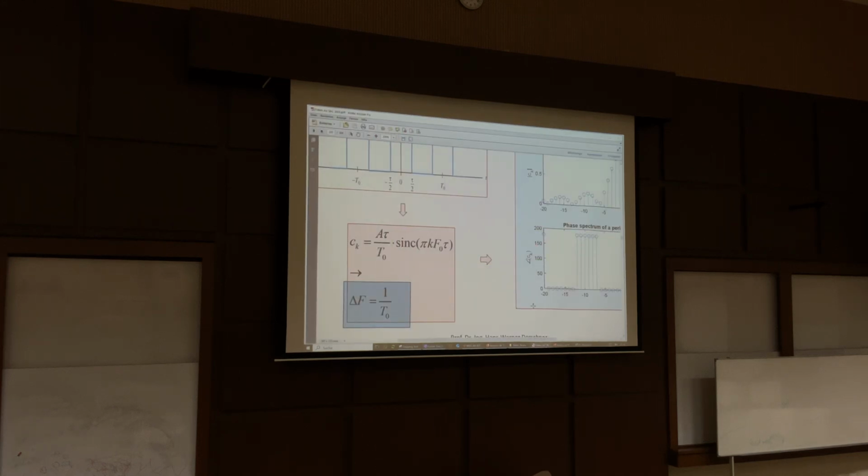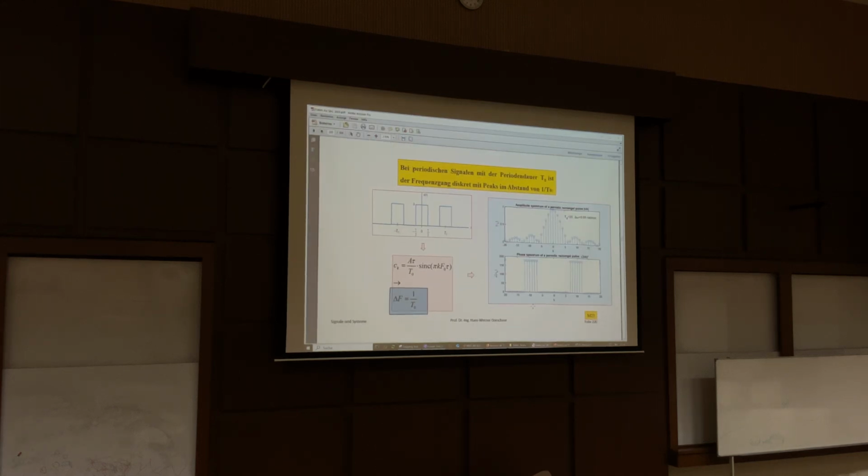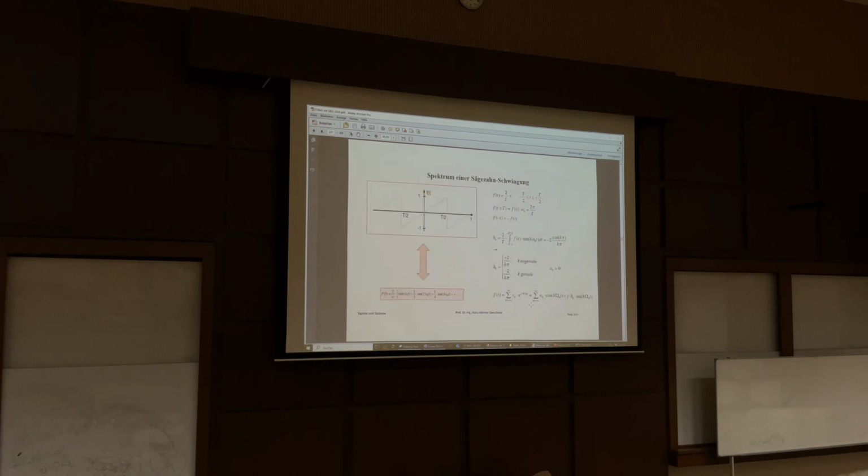Now I show you another periodic signal just for the sake of having a second one. This is this sawtooth type signal, Sägezahn. A saw ist eine Säge, tooth ist ein Zahn, a sawtooth signal, looks like a saw.